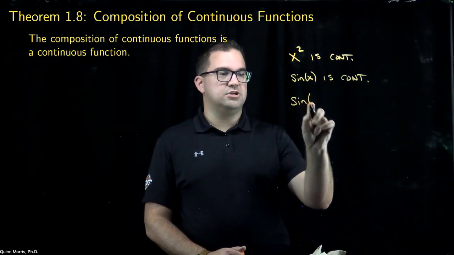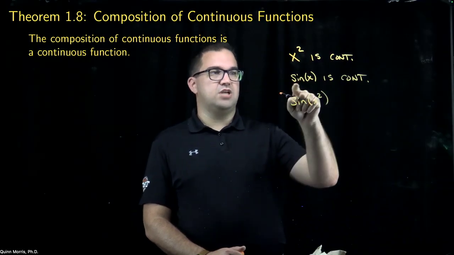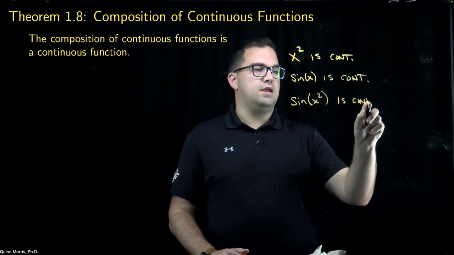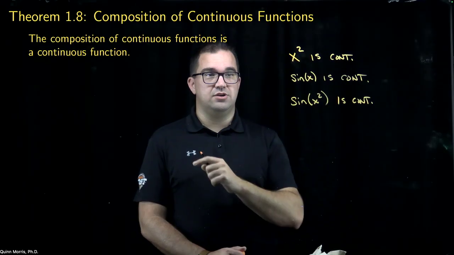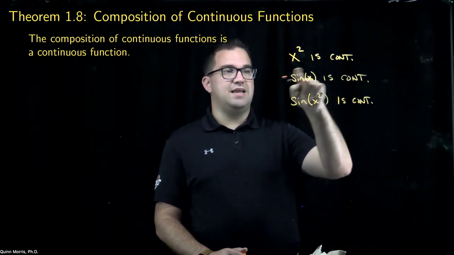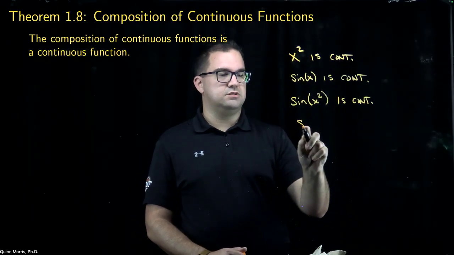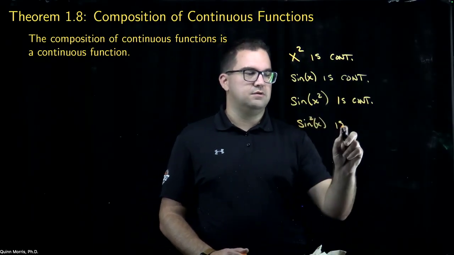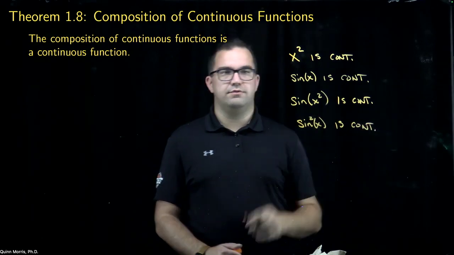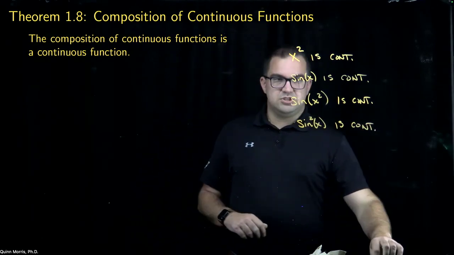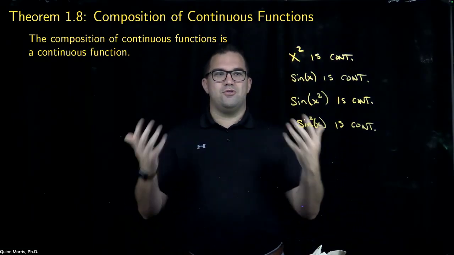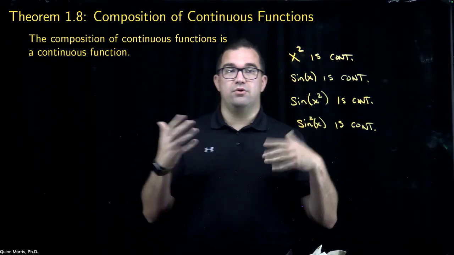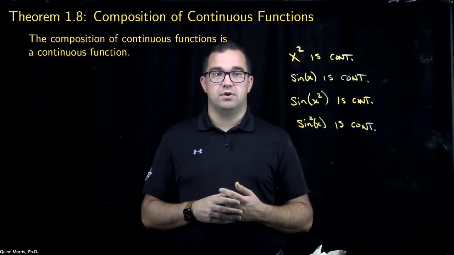If I do sine of x squared, that's one composition, and that has to be continuous. I can also do it the other way, which is to take sine of x and plug it in for x. So sine squared of x is also continuous. Again, this is just another theorem that gives you yet another way of building continuous functions out of other continuous functions.